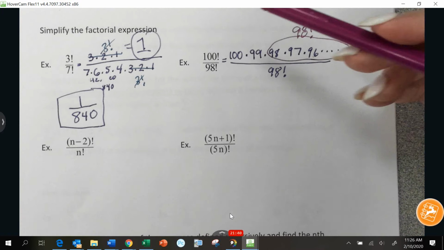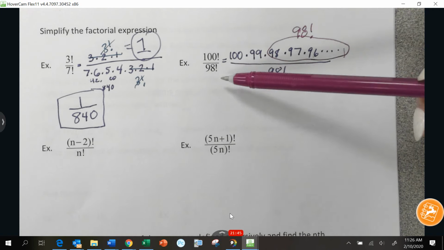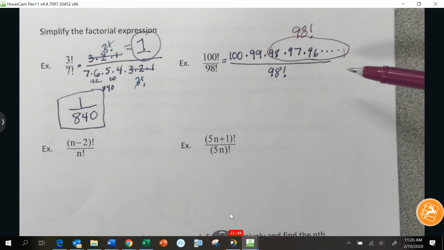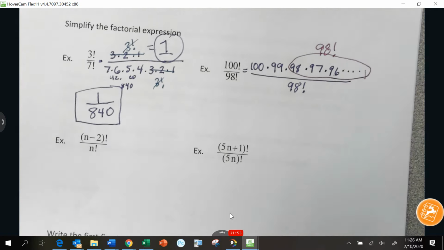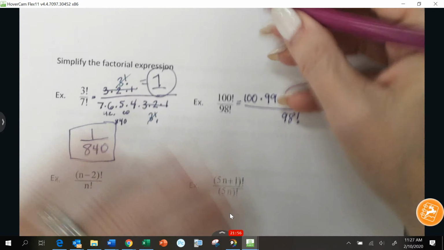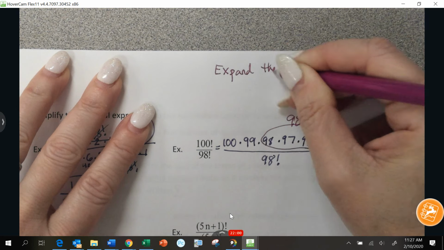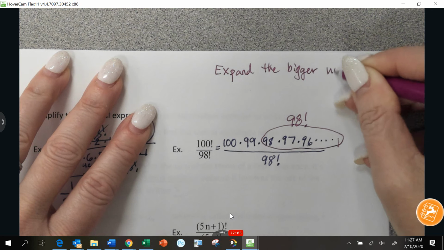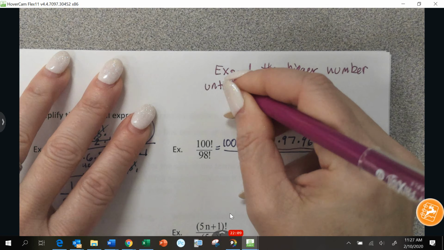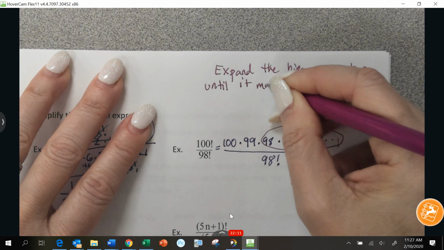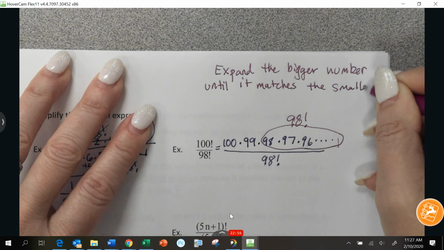So if we have large numbers or small numbers, if we have numbers that you don't want to write all the way out, what you can do is expand the bigger number until it matches the smaller factorial.